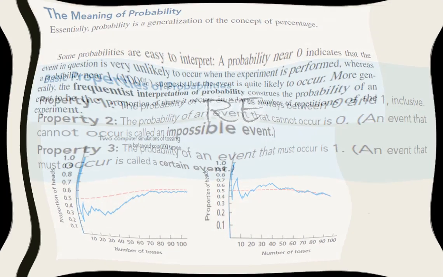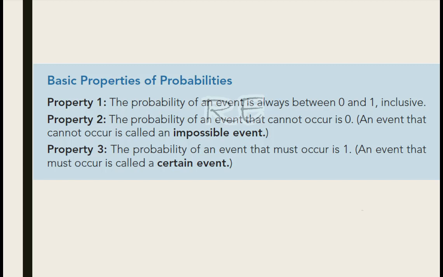Now, basic properties: the probability of an event is always a number between 0 and 1, 0% and 100%. If the event is impossible, the probability is 0. And if it's certain, the probability is 1 or 100%.